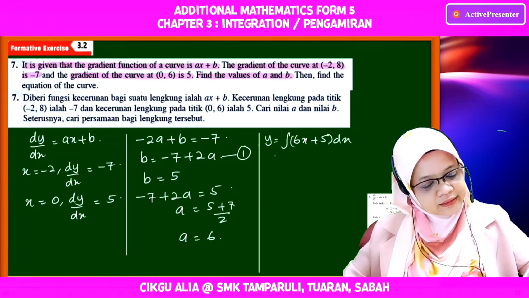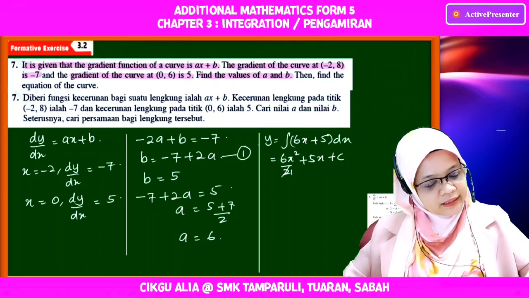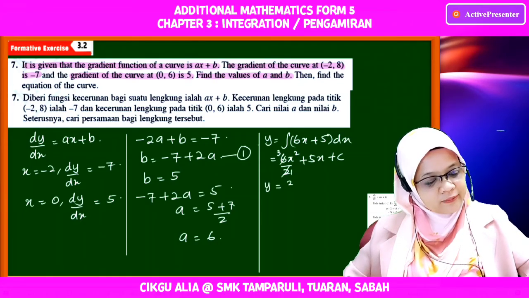Okay, kita integratekan, kita dapat 6x squared over 2 plus 5x plus c. Simplify, 2 times 1, 2 times 3. And then kita dapat y equals 3x squared plus 5x plus c.